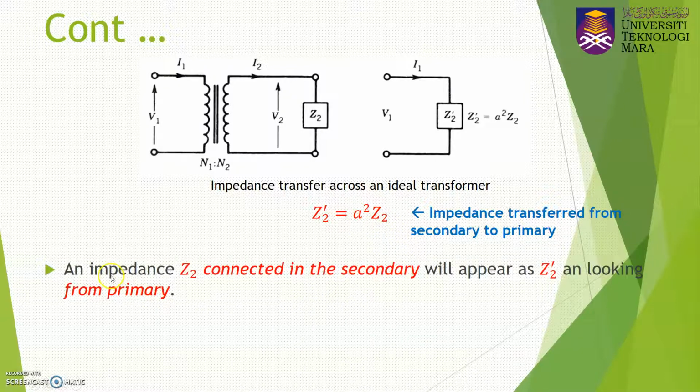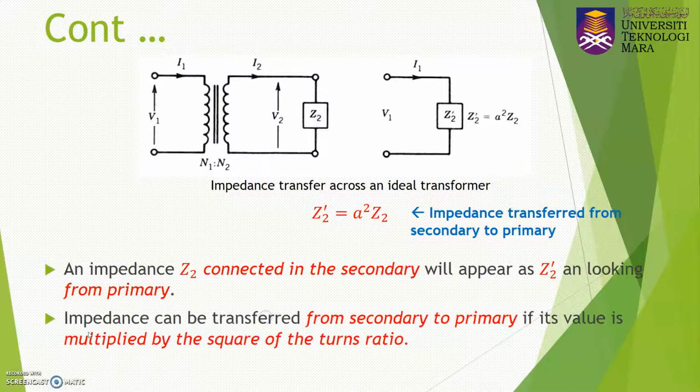So the impedance Z2 connected in the secondary will appear as Z2 prime when looking from the primary side. Finally, we can conclude that impedance can be transferred from secondary to primary.